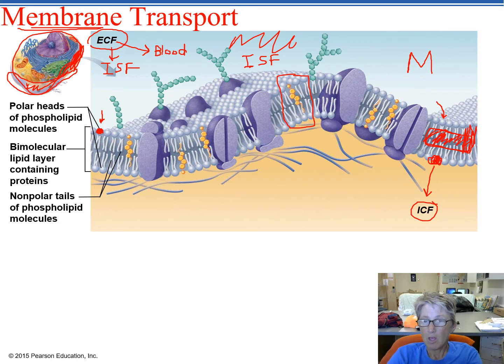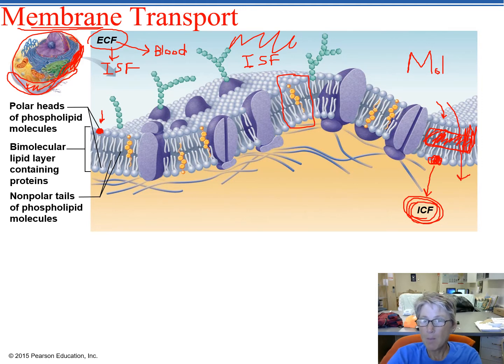Okay, so let's say you're a molecule here, and you want to get from the interstitial fluid through the phospholipid bilayer and into the intracellular fluid of the cytosol, or the cytoplasm. How do you do it? Well, if you are a really tiny molecule without any polarity, you could pretty easily just diffuse across the phospholipid bilayer.